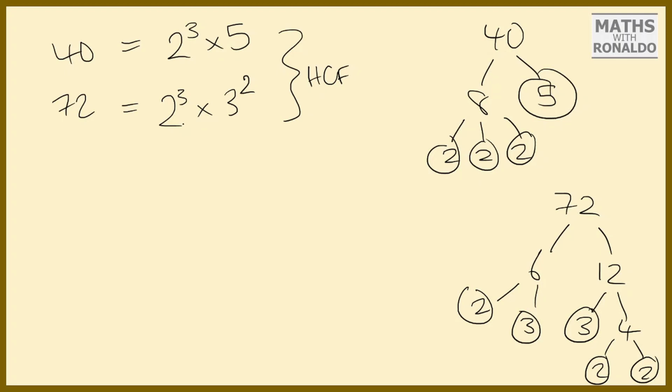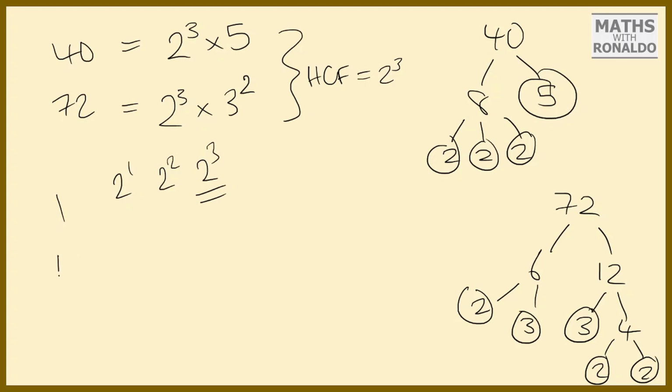The highest common factor is 2 to the power of 3, because we have not got any other common factor apart from, of course, 2 to the power of 1 and 2 to the power of 2. But we're looking for the highest common factor, and that is 2 to the power of 3.